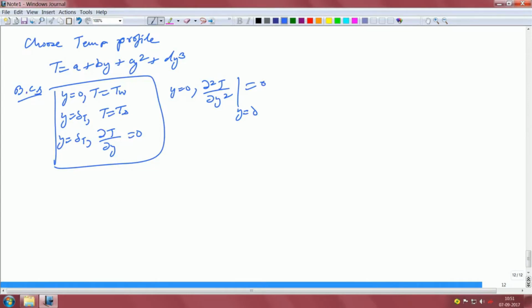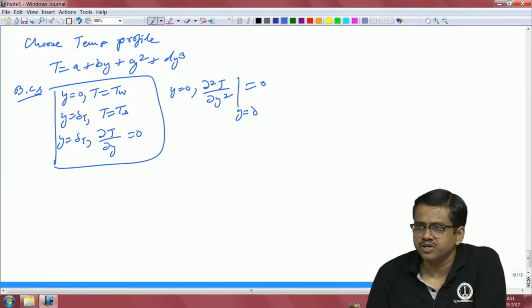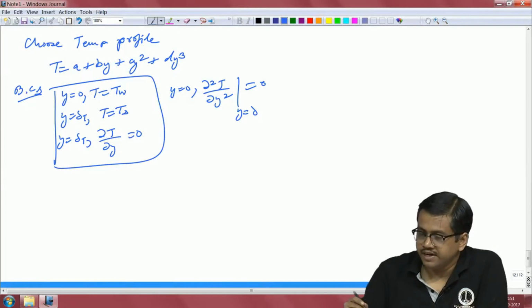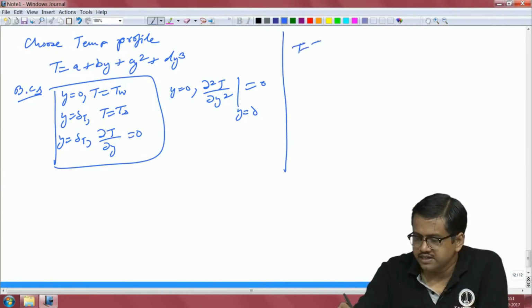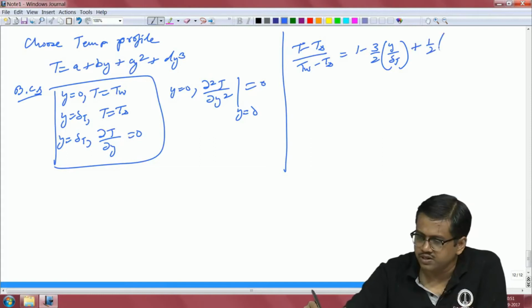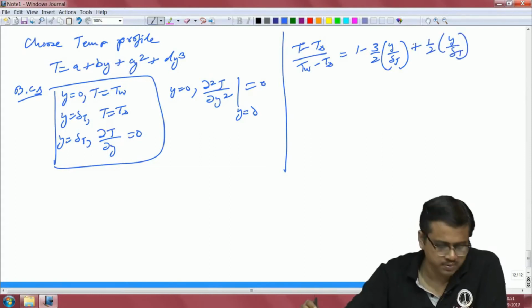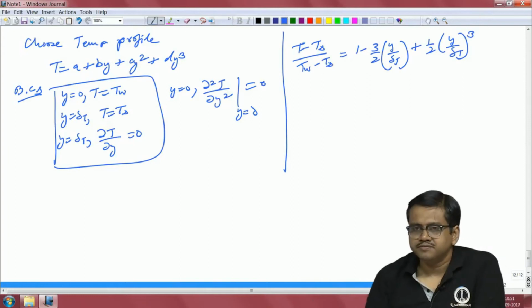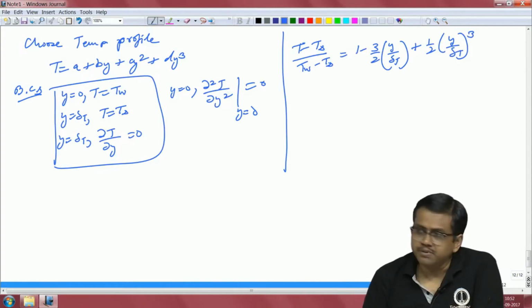So, choosing the temperature profile, then putting in the boundary conditions, we get this. If you now go through the math by putting in all these boundary conditions, I've already shown it for the velocity boundary layer, there is no reason to reiterate it once again for the temperature boundary layer, how you actually find them. But you can readily see, depending on our boundary conditions, this is the wall temperature T, 1 minus 3 by 2 y by delta t, very similar to the velocity boundary layer, except that it is a 1 minus because of the opposite nature of the slope. So, that is what you get if you plug in all the numbers.